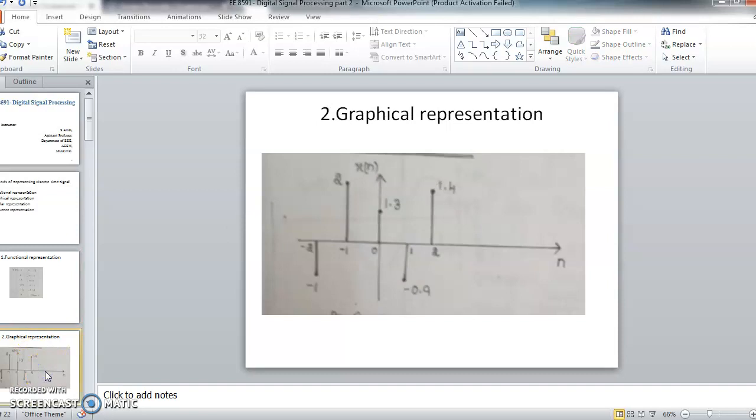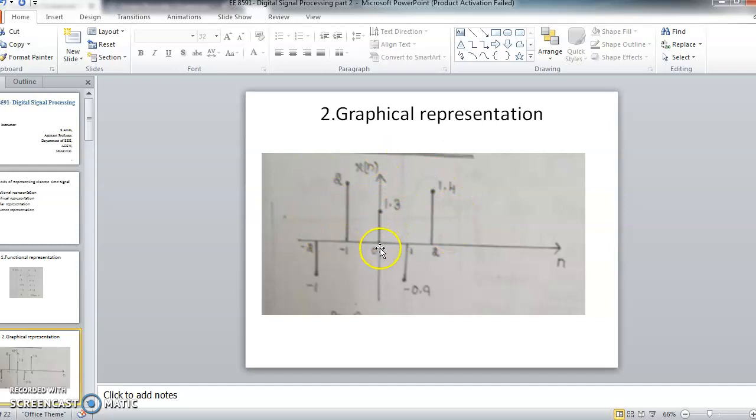Next one is the graphical representation. Graphical representation means each signal can be represented in a graph, an ordinary x-axis, y-axis graph, with n on the x-axis and x of n on the y-axis. This is one example for graphical representation.